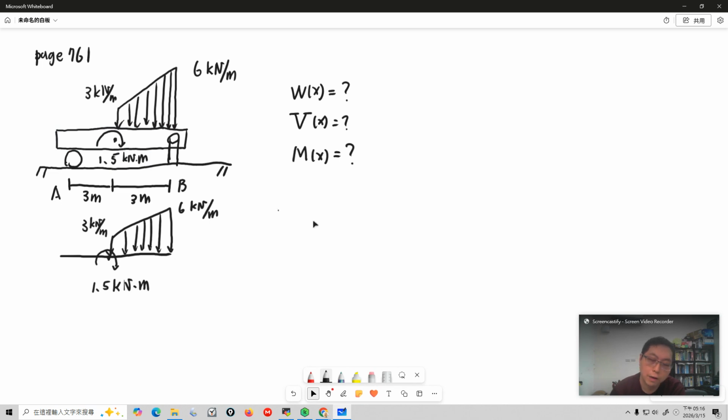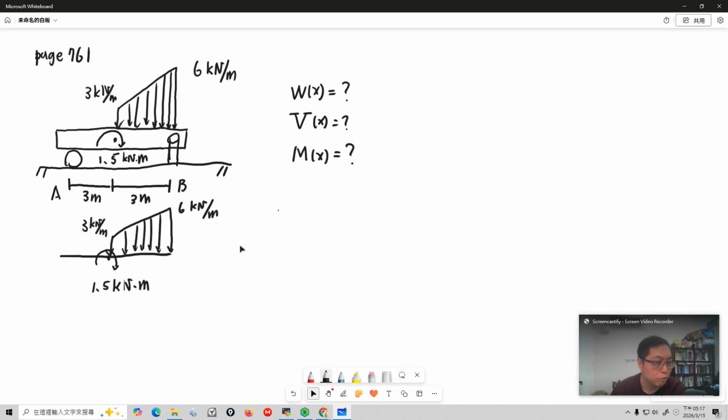For finding the loading function, first of all we need to calculate the reaction forces from the supports. To do that, you need to use the free body diagram and then the rigid body equilibrium.